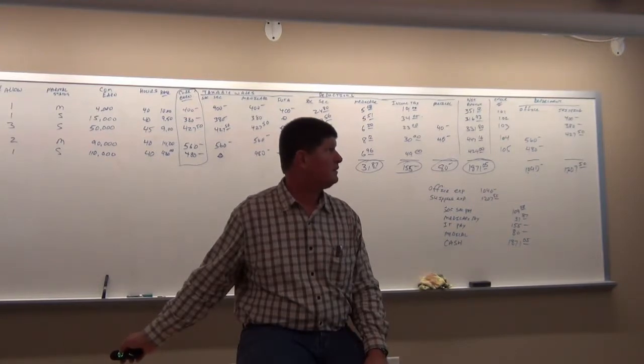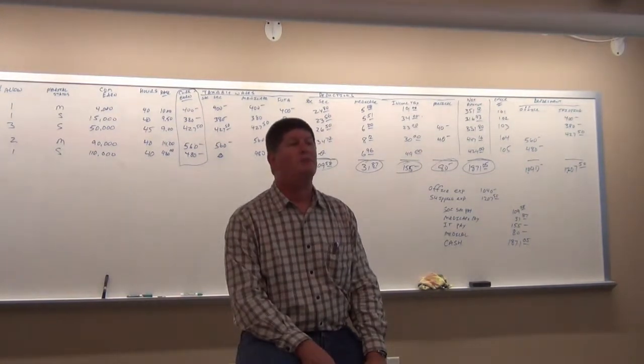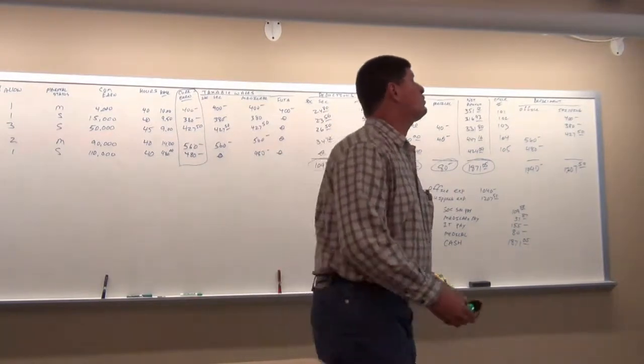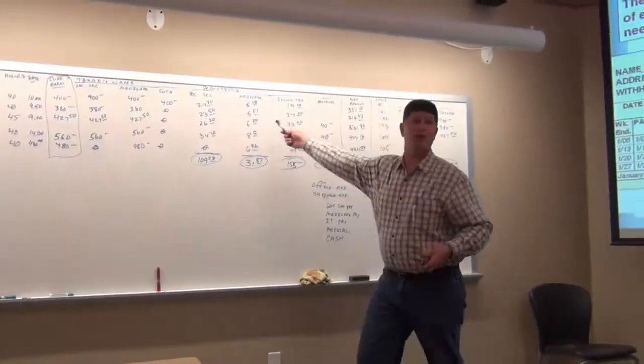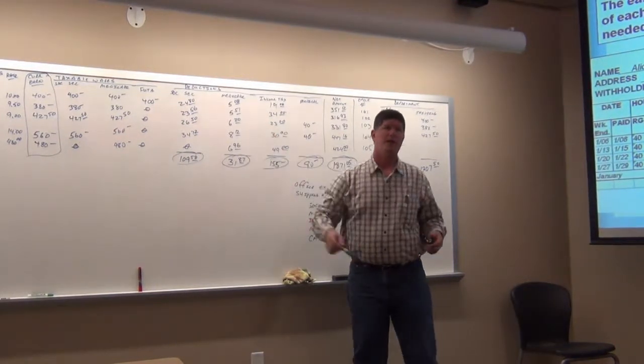I think we're good here. Here's something else that we're going to cover. One of the legal requirements when you do payroll is you have to track the wages earned by each employee. So this is a payroll register. Notice it has every employee that's going to get paid this pay period.